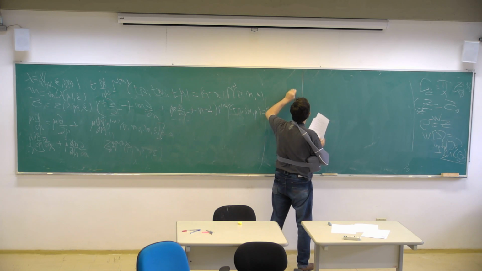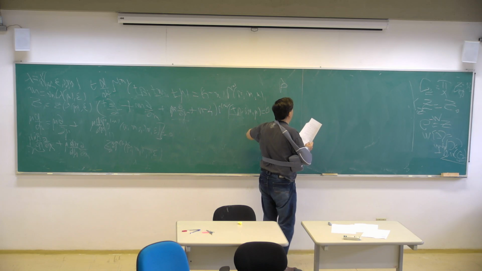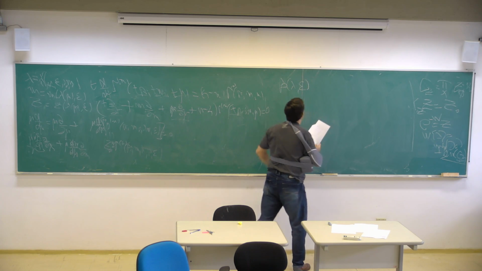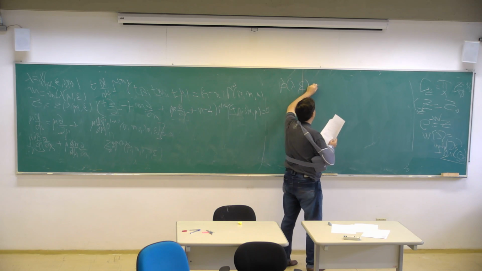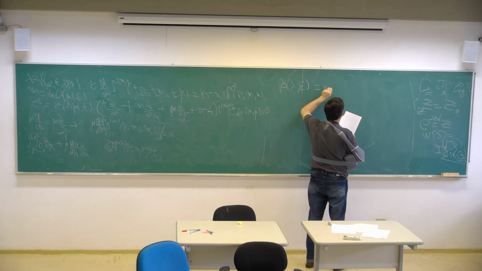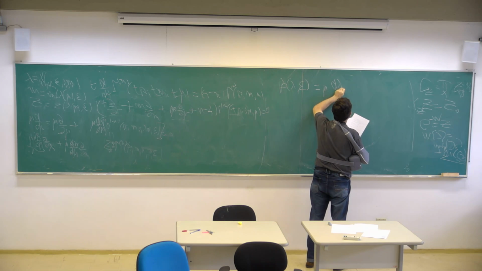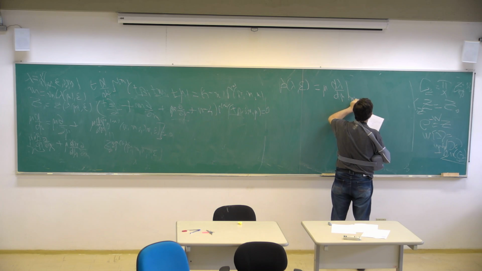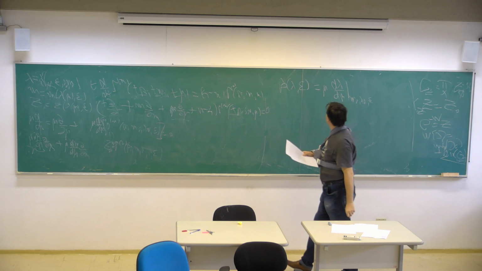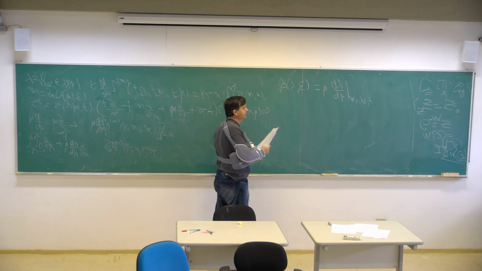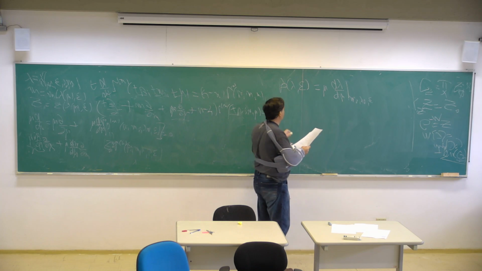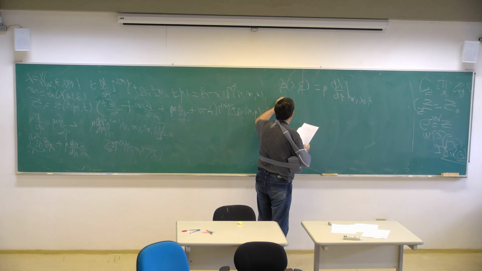So the beta function that depends on lambda and epsilon is this mu d lambda d mu at fixed m0, lambda 0 and epsilon, fixed bare parameters and fixed epsilon. So this is the beta function.